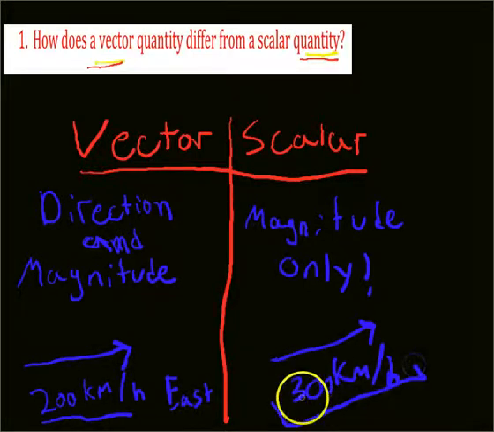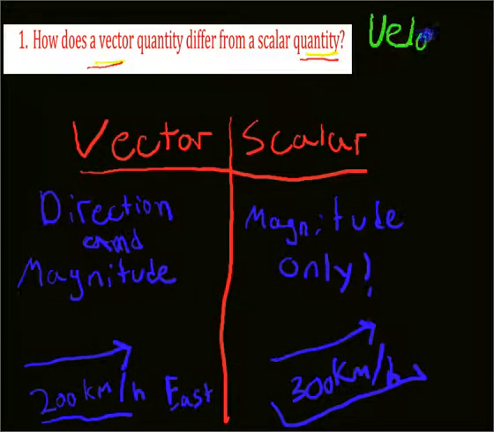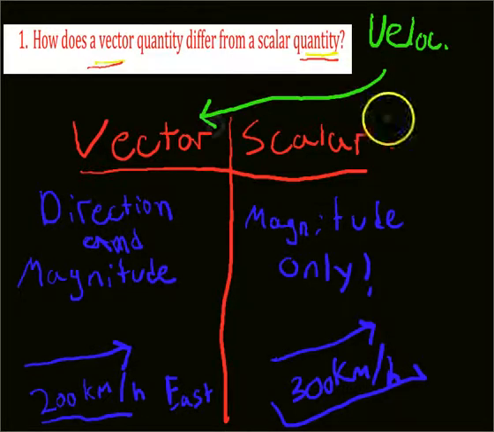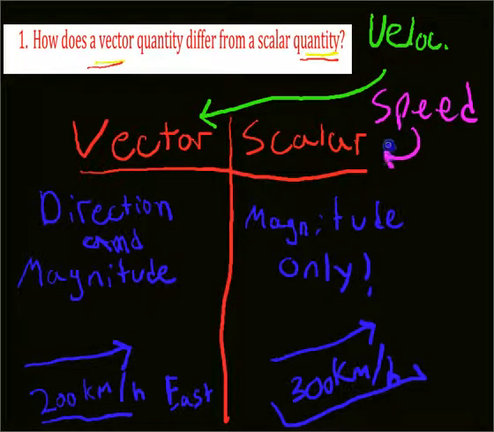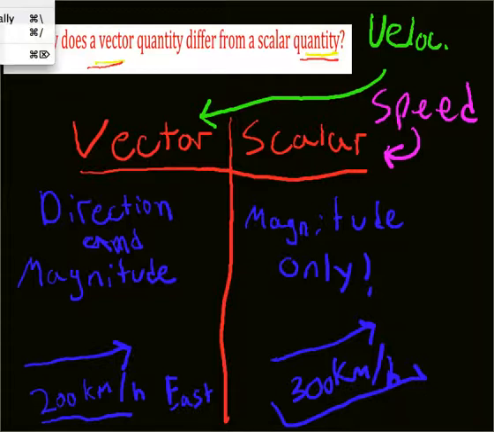So let's give some examples. Velocity is a vector, and speed is a scalar. So that's the basic definition for that.